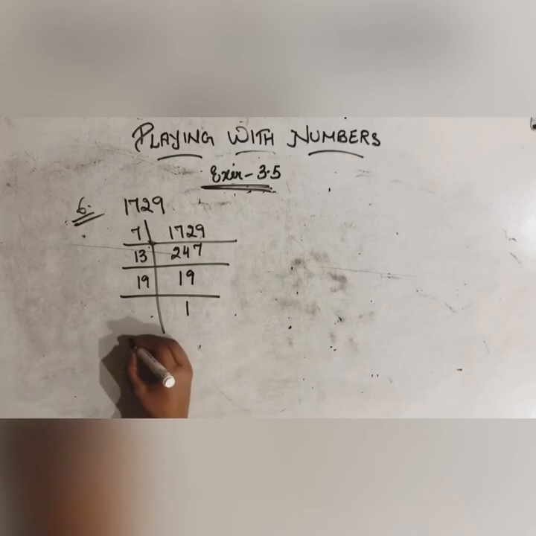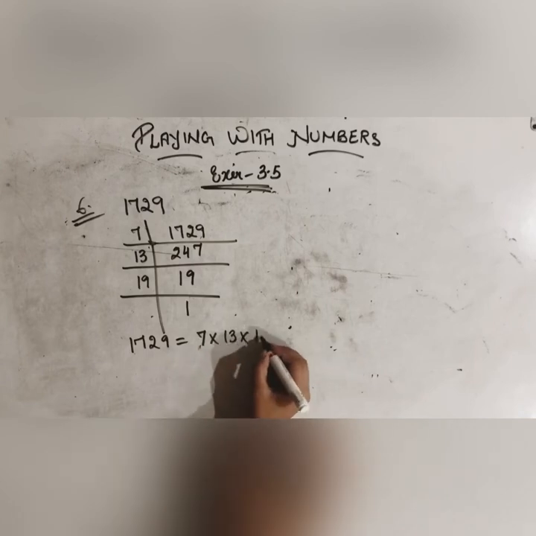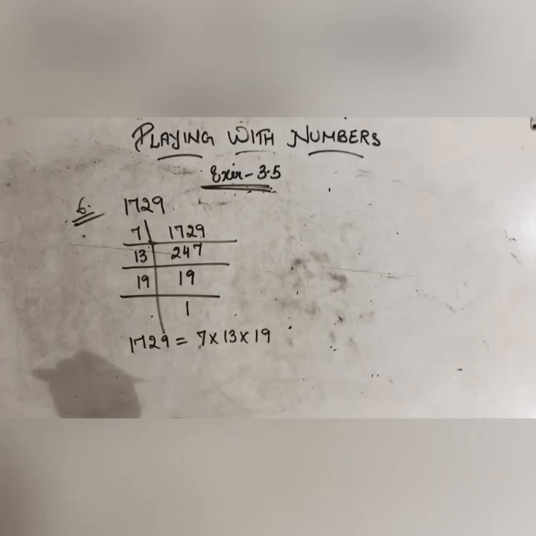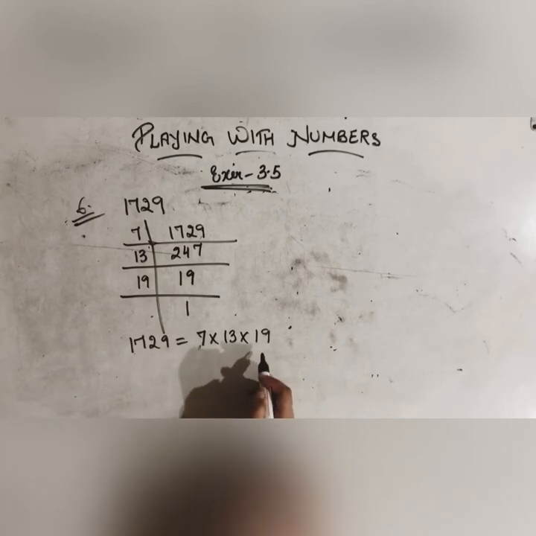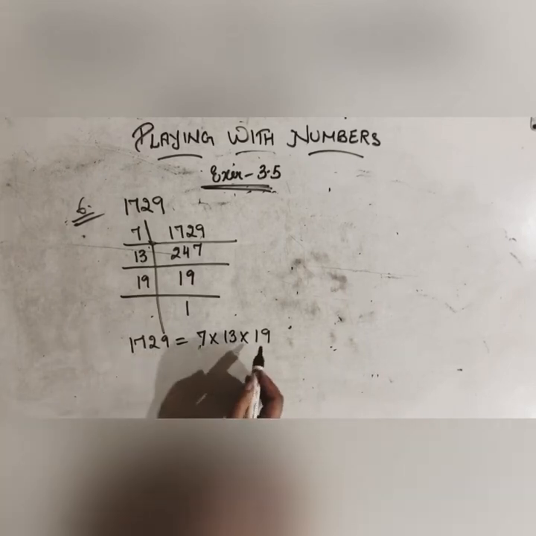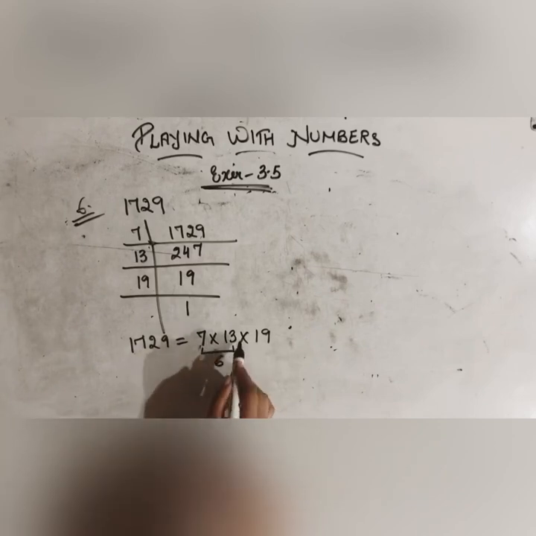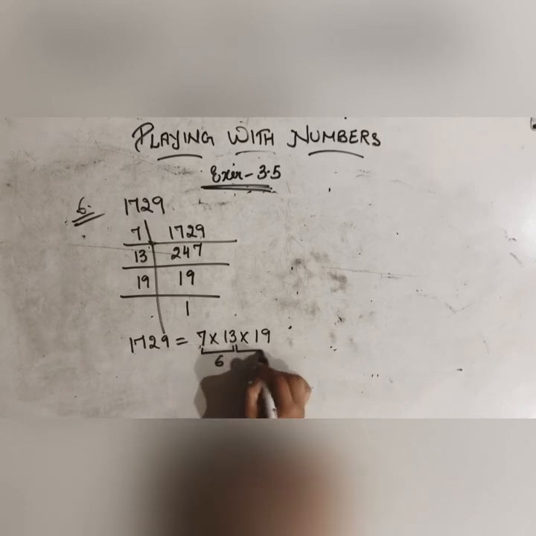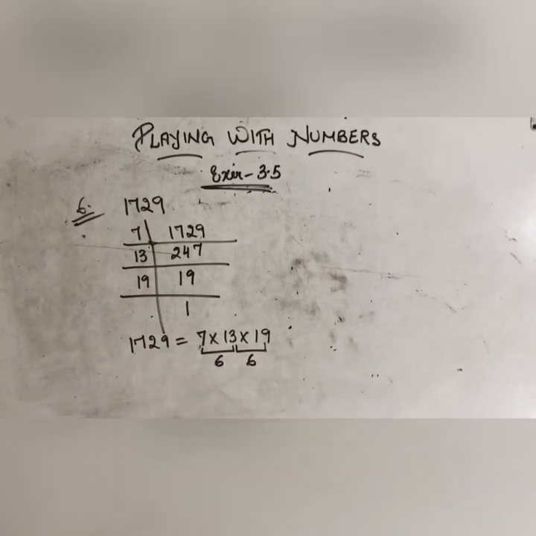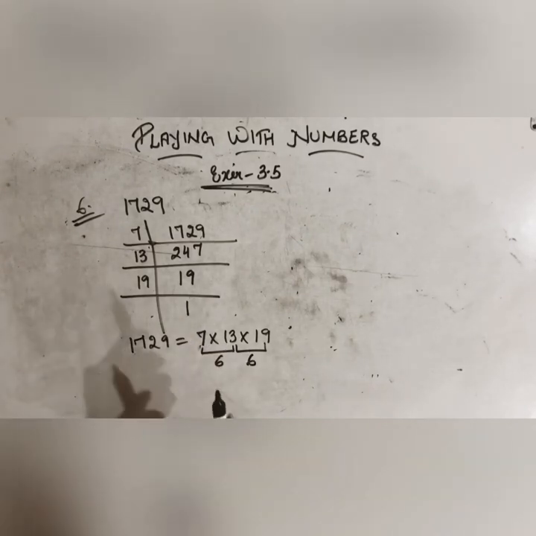So the prime factorization of 1729 is 7 into 13 into 19. You have to arrange them in ascending order. It is already in ascending order. Ascending order means smaller to greater. So now you have to tell the relation between these factors. So see, what is the relation? The difference of the consecutive prime factors is 6. 13 minus 7 is 6. Again 19 minus 13 is 6. So the difference between two consecutive prime factors is 6.